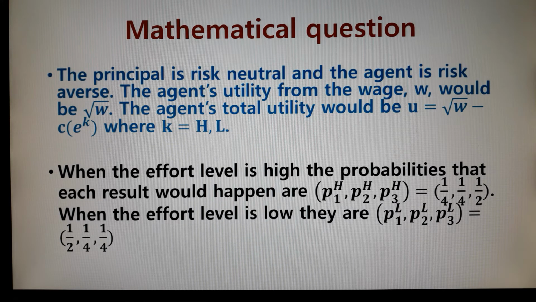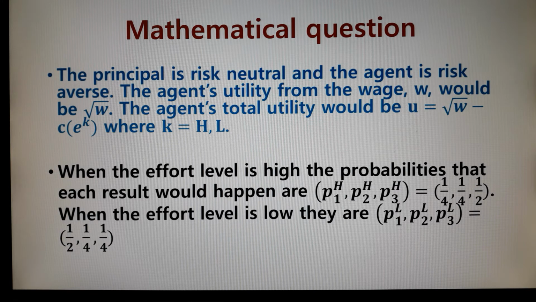To be correct, the principal can be risk averse too. But what is important is that the principal should be less risk averse than the agent. If the principal is risk neutral, definitely that's less risk averse than a risk averse agent.